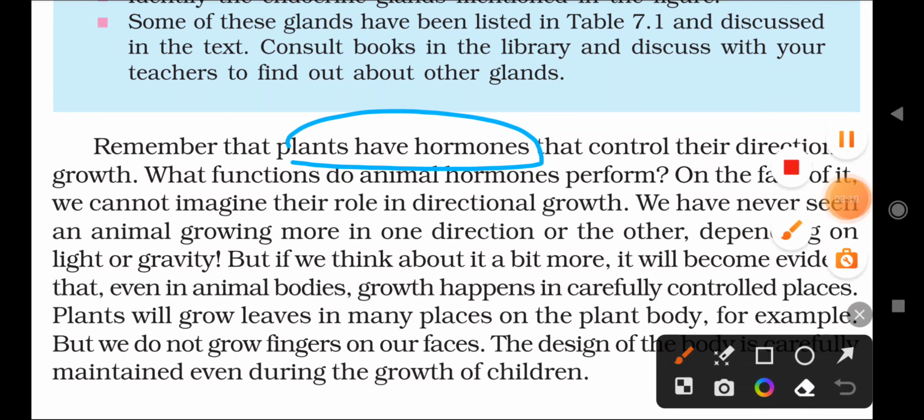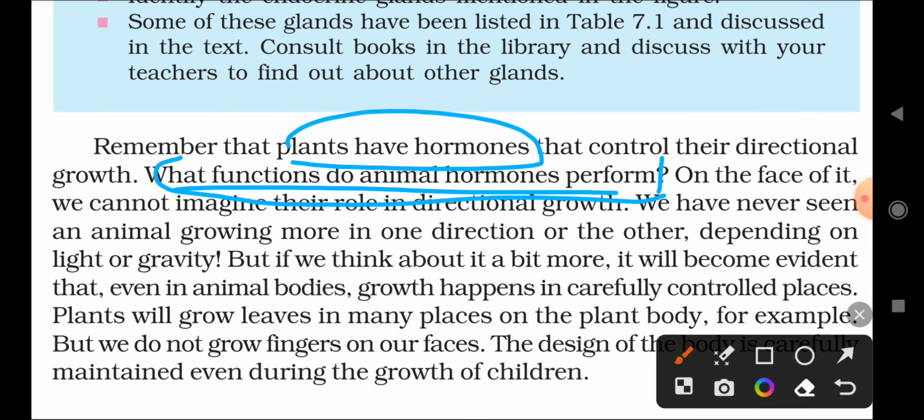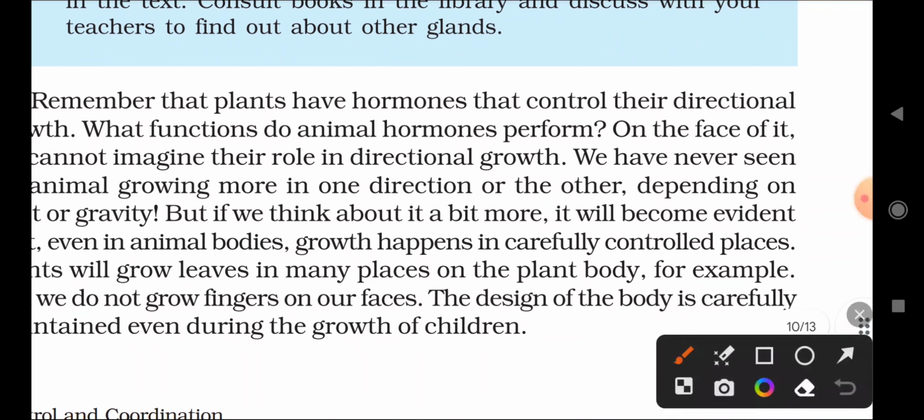So what functions do animal hormones perform? We already know how plant hormones work efficiently in the development of the plant. Now, how do animal hormones work in the animal body?